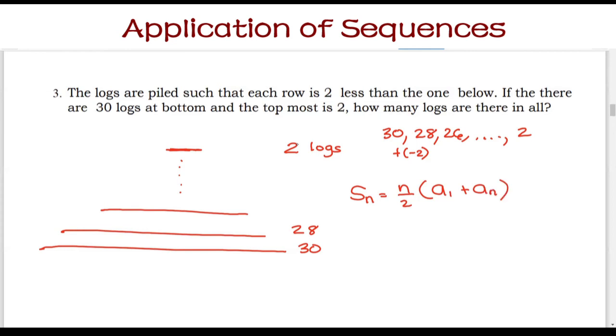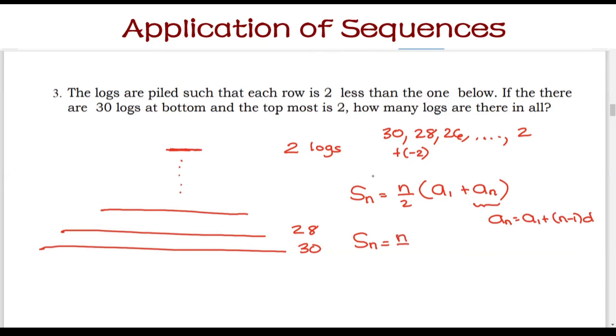Yan lang 'yon. Okay? Yung isang formula, nade-derive lang din naman dito sa ating unang formula. Okay? Paano? Pinapalitan lang yung a sub n. Remember, saan equal ang a sub n? Pinapalitan lang 'yan ng a1 plus n minus 1 d. Oh, papalitan lang 'yan. Tingnan niyo 'to.